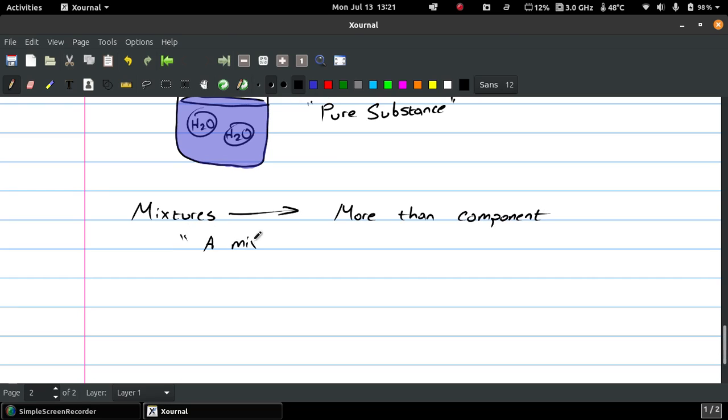A mixture can be separated without altering the chemical composition.